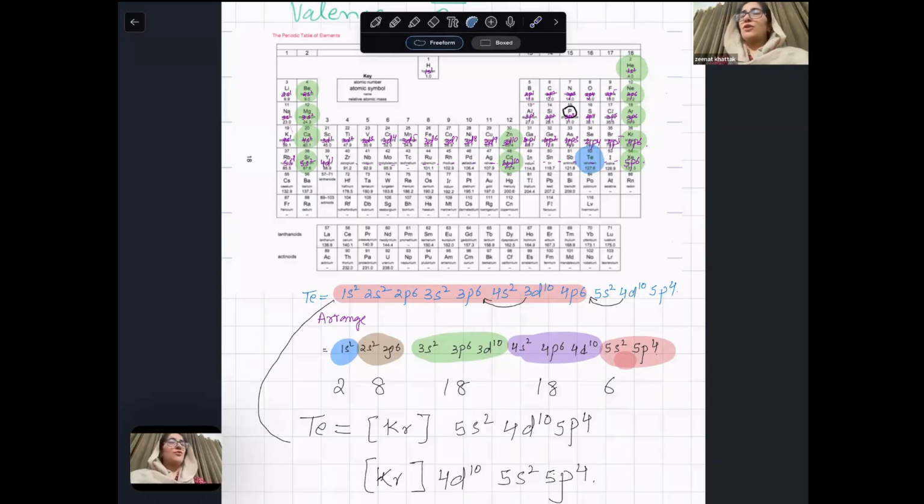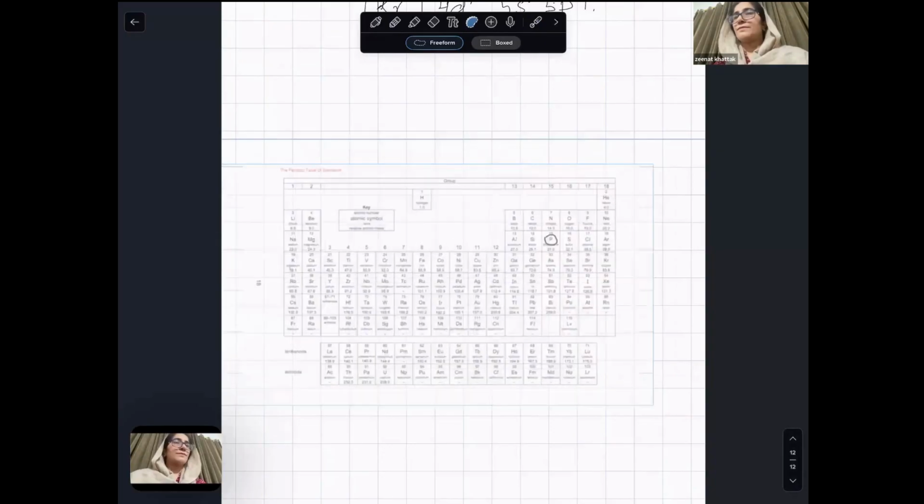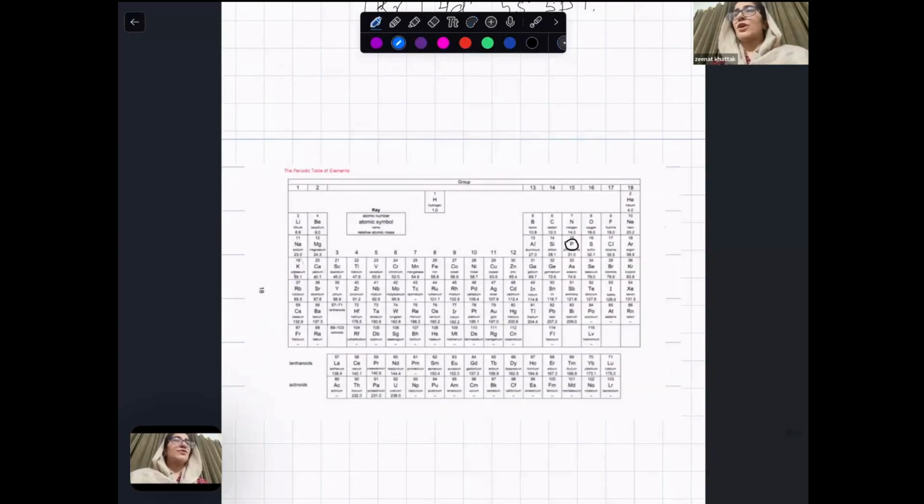Suppose you want to do the shorthand configuration of phosphorus. Which group 0 element comes before phosphorus? Neon. So I am supposed to write neon, and then I know s1, s2.